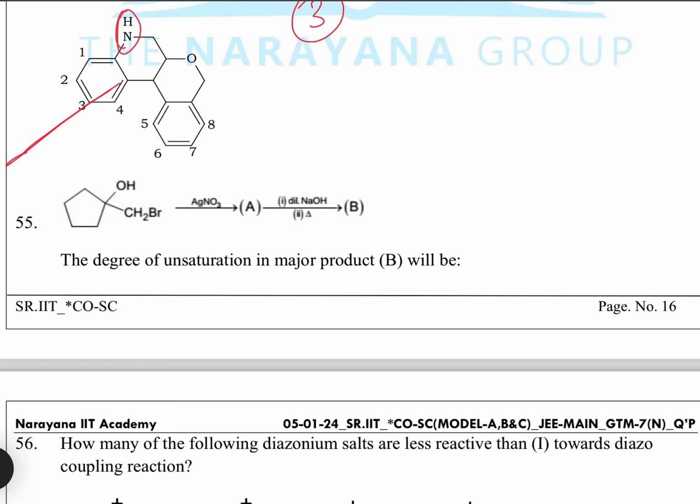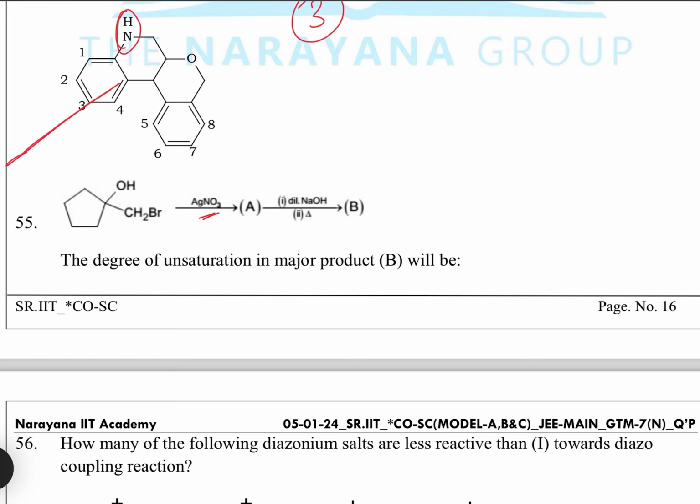The degree of unsaturation in the major product B will be, what's happening here? Bromine, AgNO3, and dilute NaOH. Think about the major product. AgNO3, CH2Br, when you are taking, it cannot be like that.